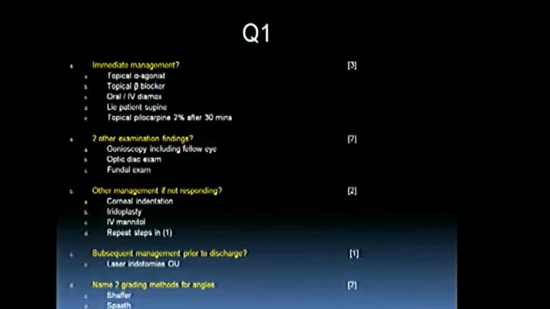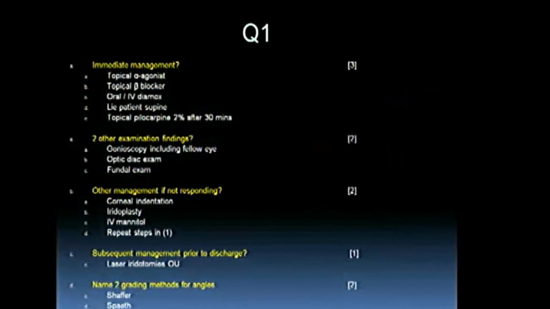Two other examination findings. The most important examination finding is gonioscopy. You often can't do gonioscopy on the affected eye because the cornea is cloudy. So do gonioscopy on the fellow eye. Particularly if they have similar depth anterior chambers, if the fellow eye is occludable, then the eye that they've presented with is likely to be occludable as well.